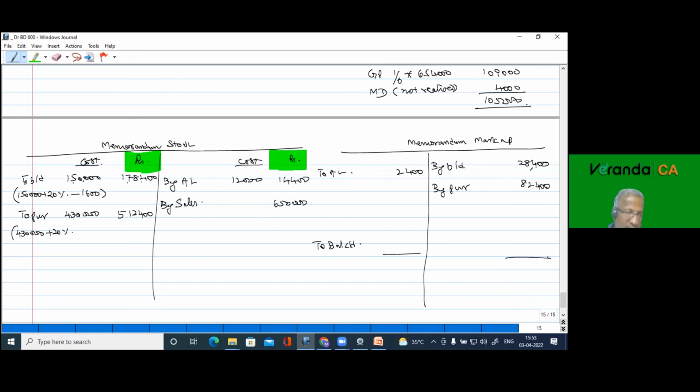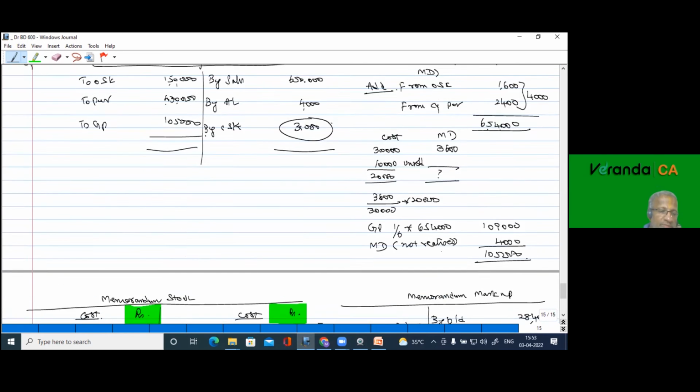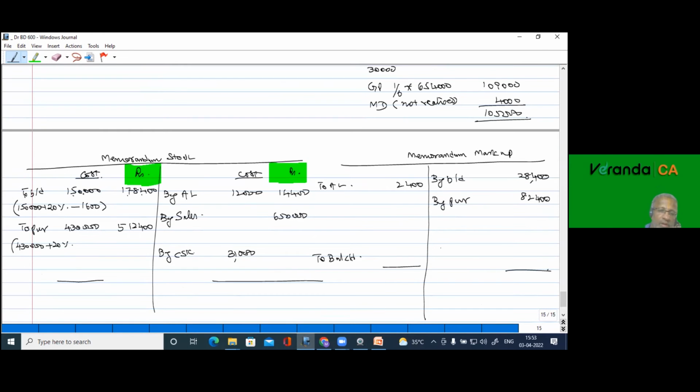What is this balance carry down? So your closing stock 31,000. From where we have bought? From here we have bought. So 31,000 plus 20% minus 1,200. 1.2 minus 1,000. 6,200. 31,000. 5,200.